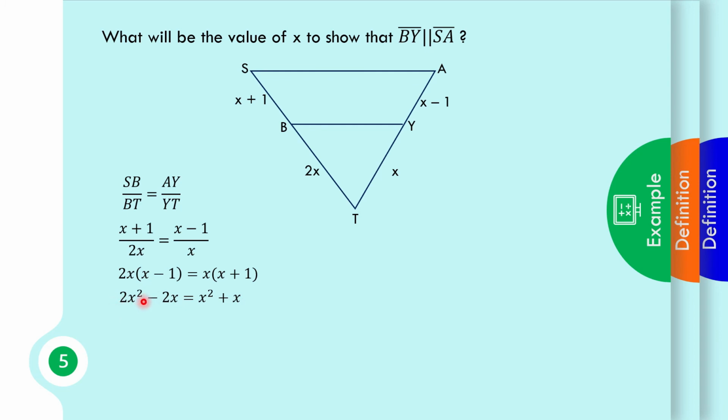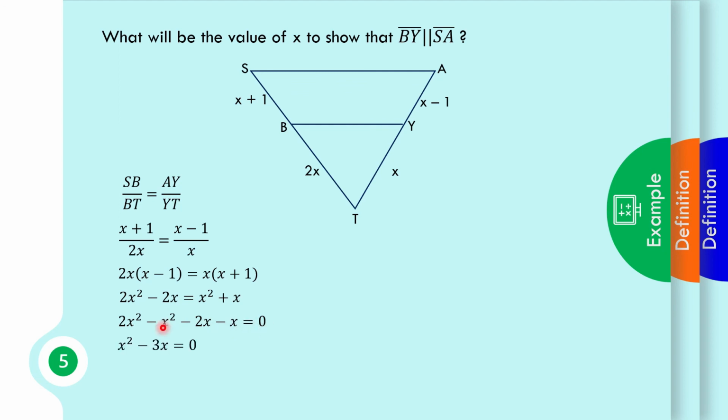So it means we will create a quadratic equation in which x squared will move to the left side of our equation, as well as x. Therefore, we will have 2x squared minus x squared minus 2x minus x is equal to 0.